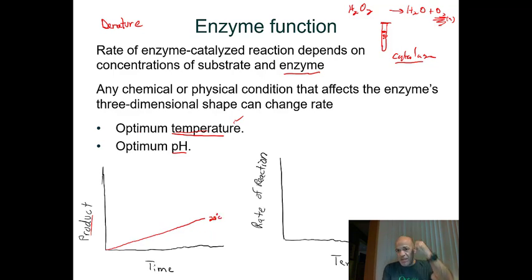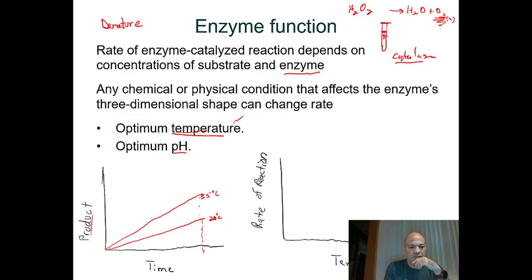Okay, and then we put another test tube in there and we do the same reaction at a warmer temperature. And let's say this is at 35 degrees Celsius. And the fact that the slope is higher means we produced more product in that same amount of time. It was faster.